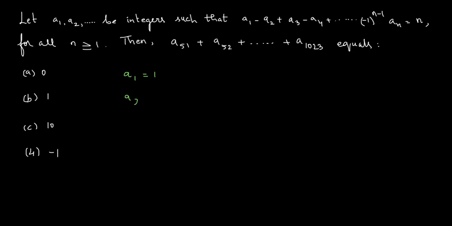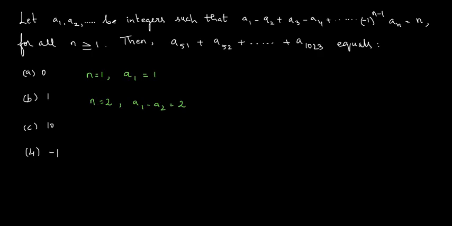Then let's take a2. So we want a2. When n is equal to 1, a1 is equal to 1. And then when n is equal to 2, we are getting a1 and a2 together. So a1 minus a2 is equal to 2.